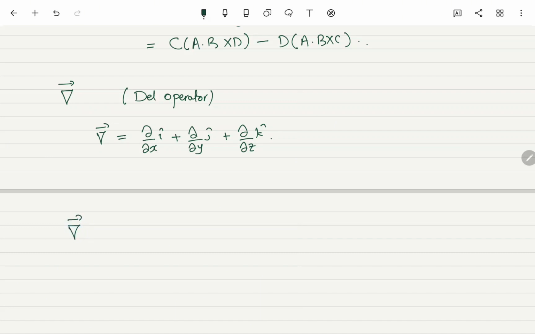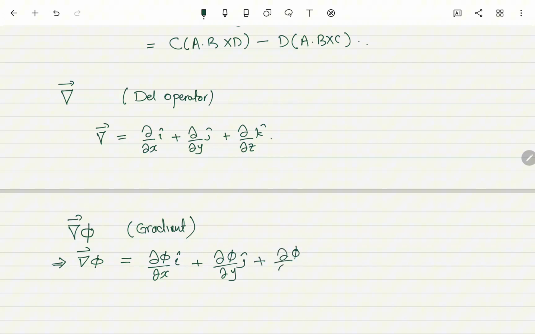Since this del operator is a vector, now three possible cases we have here. If this vector applies to some scalar quantity, in this case it's called the gradient. The gradient of phi is equal to partial phi partial x i plus partial phi partial y j plus partial phi partial z k.